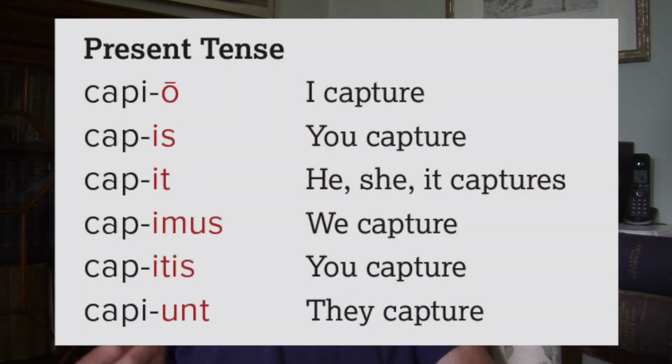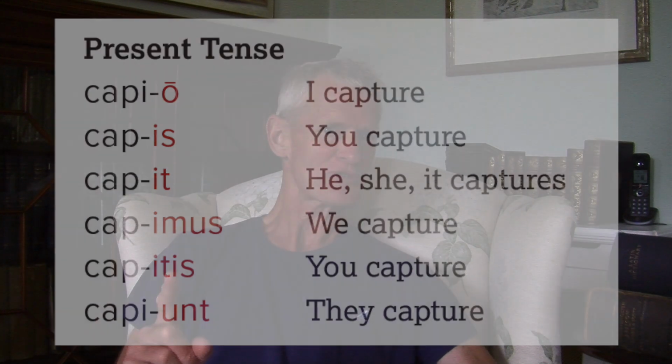So, capio in the present tense goes capio, capis, capit, capimus, capitis, capiunt. Okay, now you should be able to hear that the vowel is short. That i is short: capio, capis, capit, capimus, capitis. Unlike audio, which is audio, audis, audit, audimus, auditis.